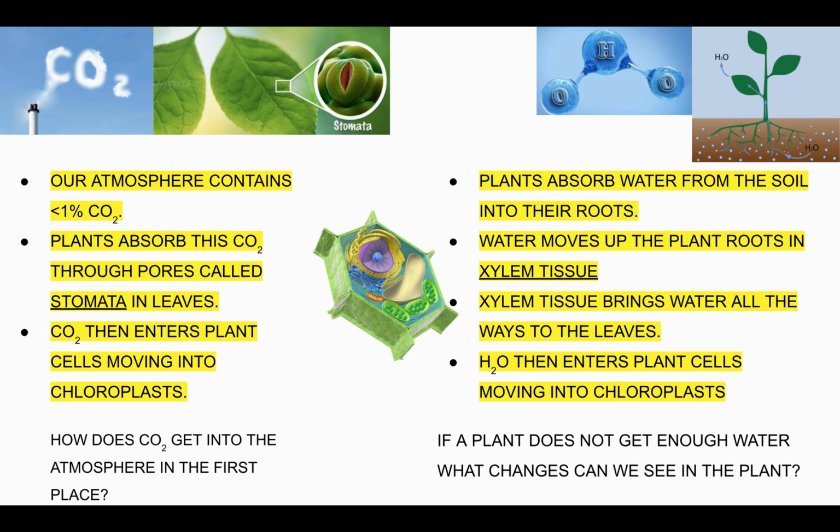Now you might be asking, what's a pore? Well, I'm sure you've heard of people cleaning their pores in their skin. There's little openings in your skin that allow your skin to be somewhat breathable. In the same way, a leaf has these tiny microscopic pores, and these can be seen underneath a microscope.